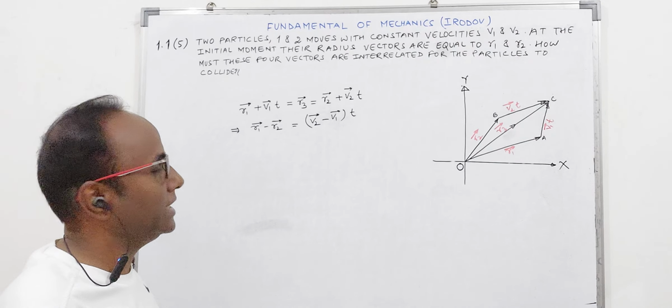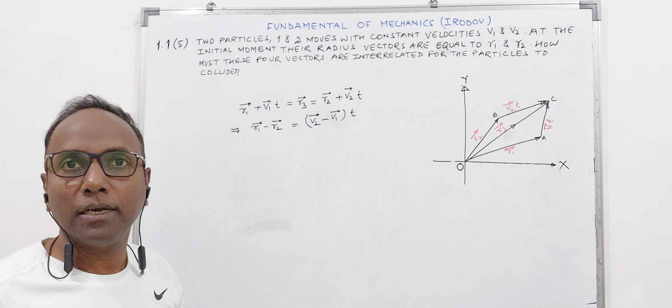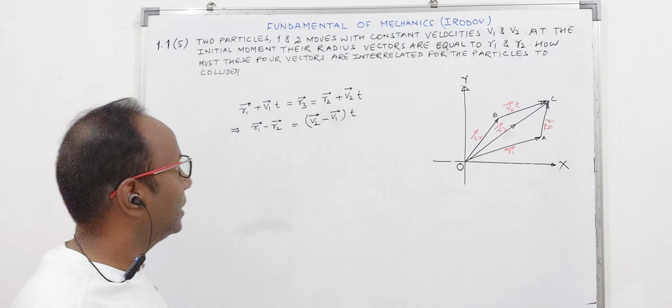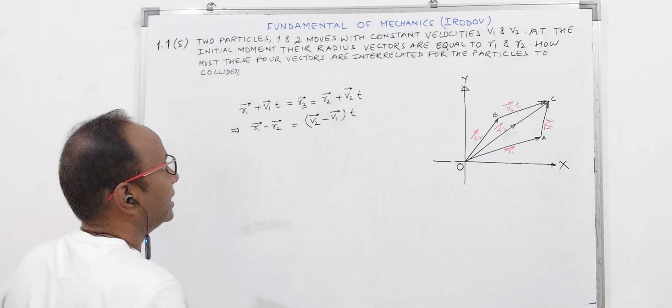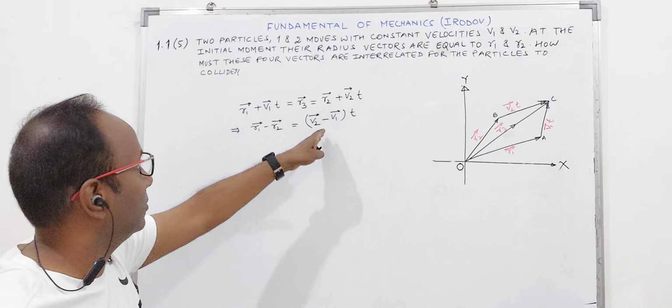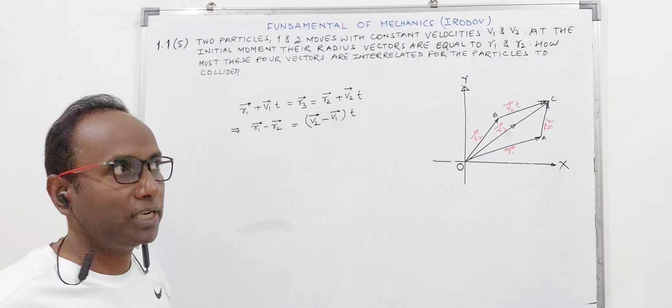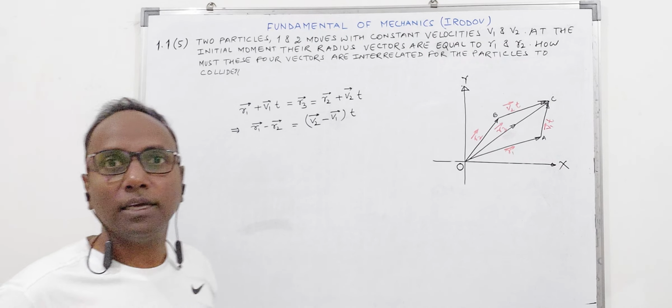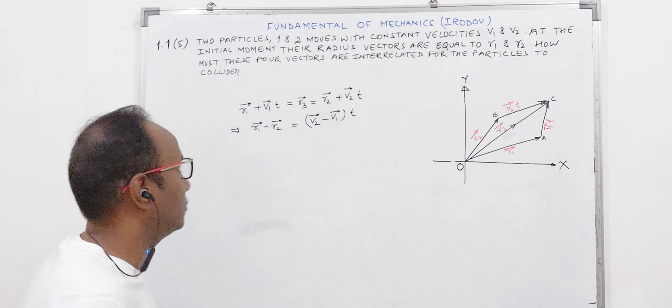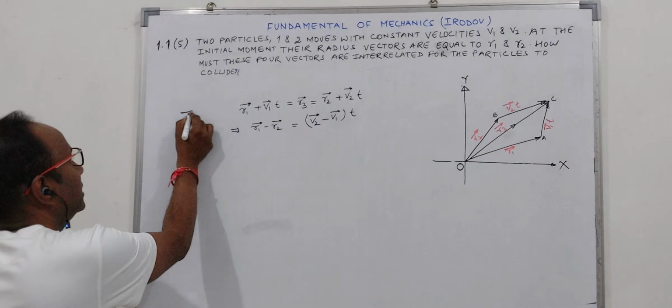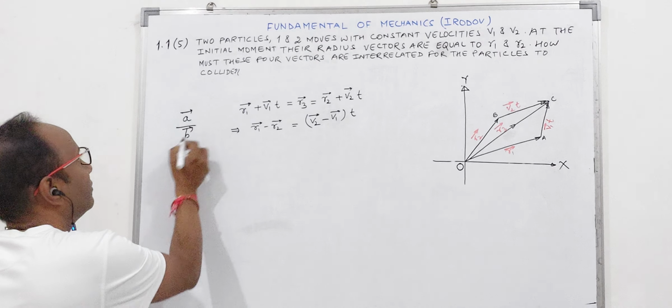How will you calculate t from here? From here, you cannot divide it directly, writing r1 minus r2 divided by v2 minus v1, because vectors do not obey any division law. Two vectors cannot be divided like A by B. This is undefined.